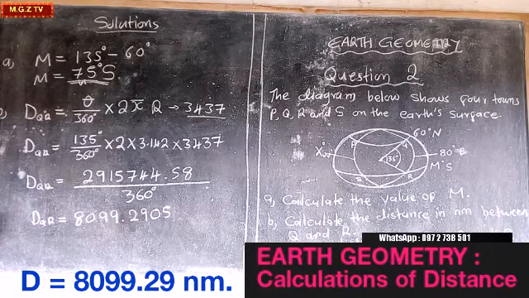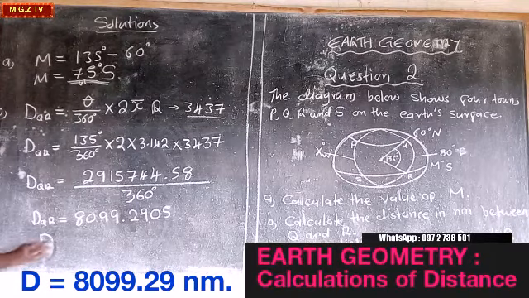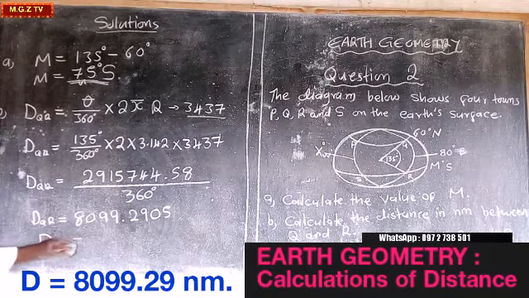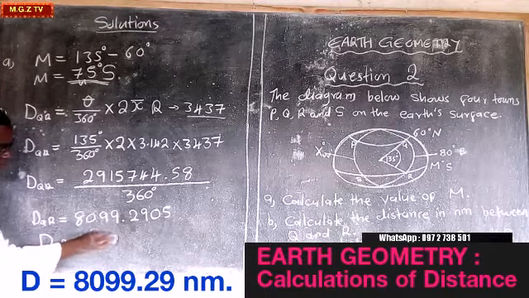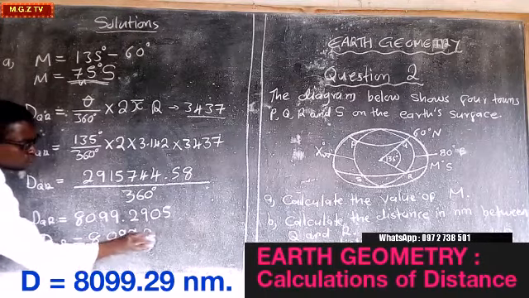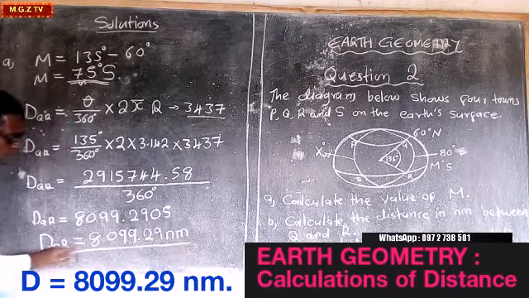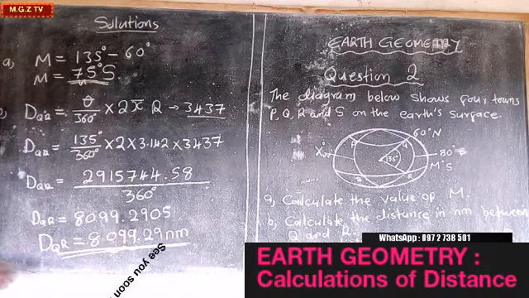Then round off to two decimal places, and our final answer for the distance between QR is 8,099.29 nautical miles. And this is the end of question B.